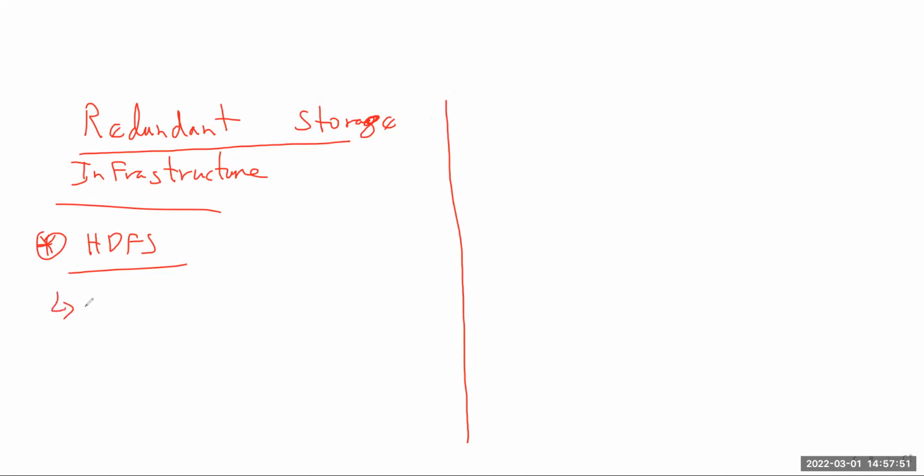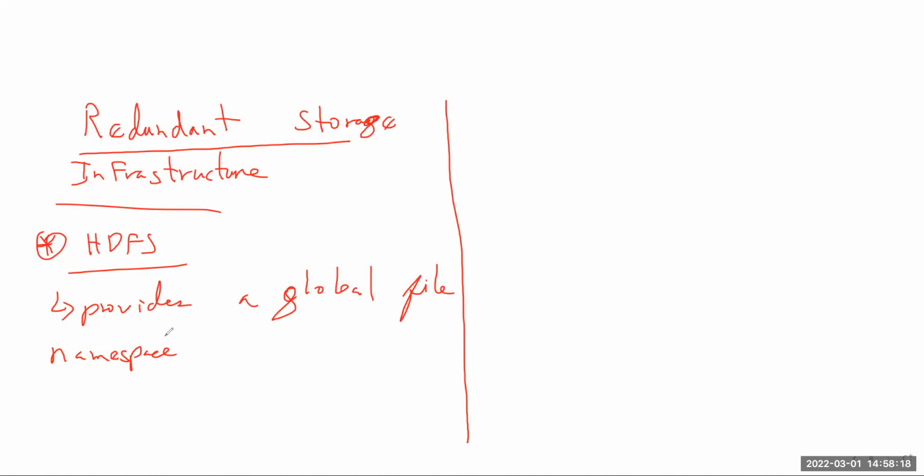which provides a global file namespace. Okay, where it provides redundancy and availability, which are the things that we want for it.